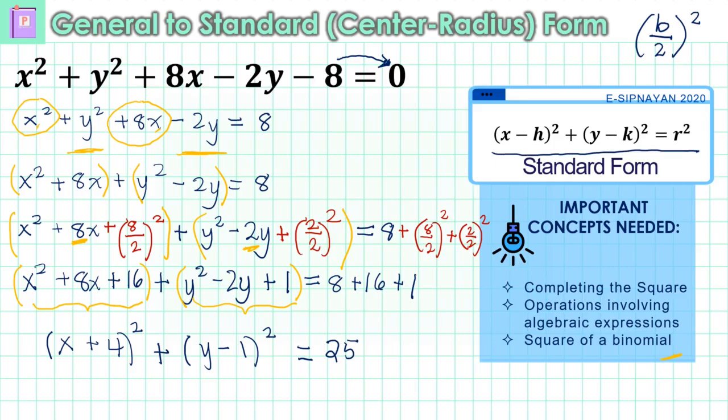And the counterpart here would be x plus 4 squared plus y minus 1 squared equals 25. Hence, the standard form given the general form in this particular example would be this equation. And that is how you transform general to standard form.